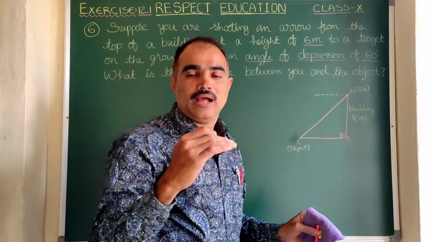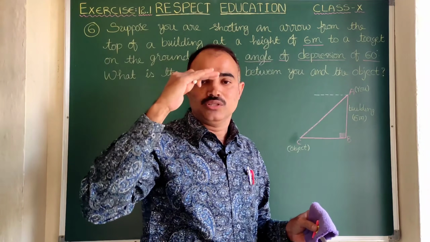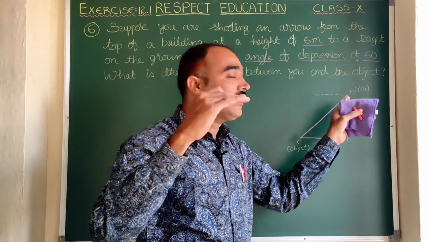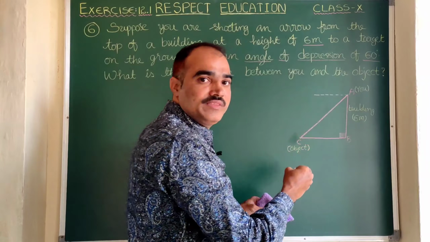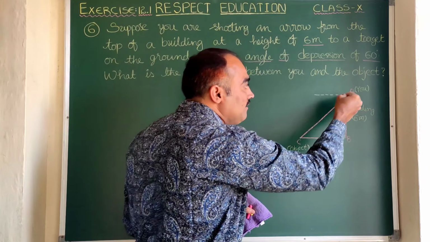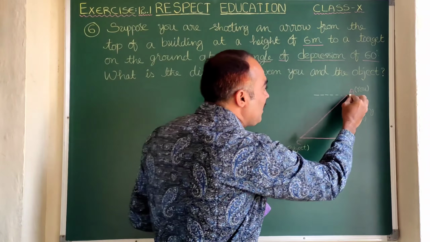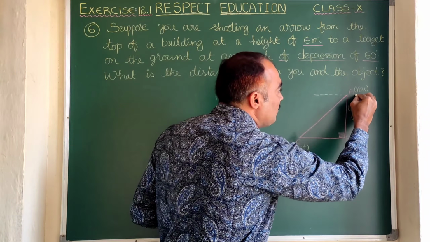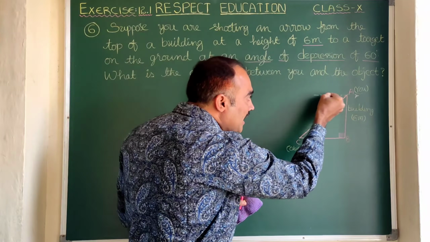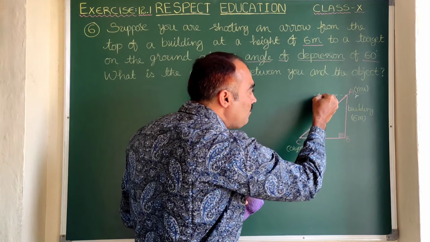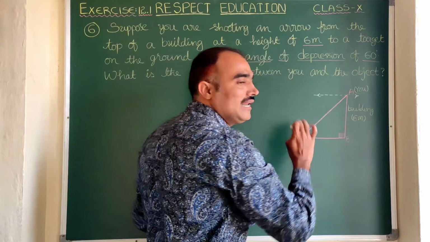This is your eye. If you look straight, this is the horizontal line.